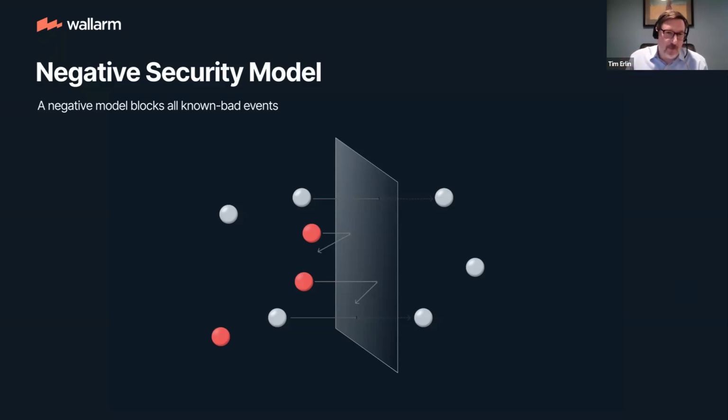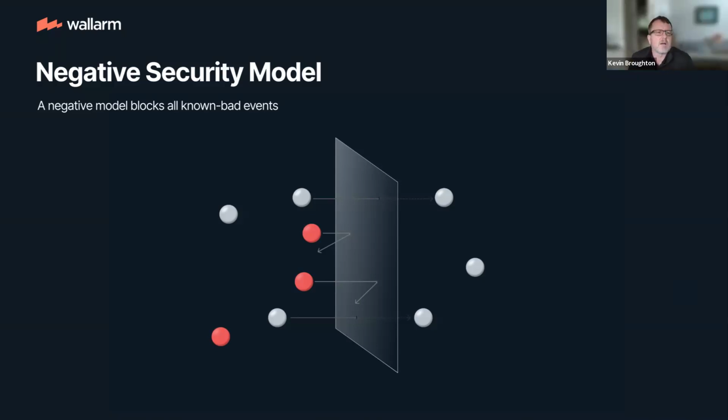They're being allowed through. So a negative security model blocks anything that can be detected as bad. Positive security model allows anything that can be identified specifically as good. So two different approaches to security. They can be applied in multiple different disciplines, as I said. We're obviously going to talk about API security primarily here, as that's the primary topic of the webinar.